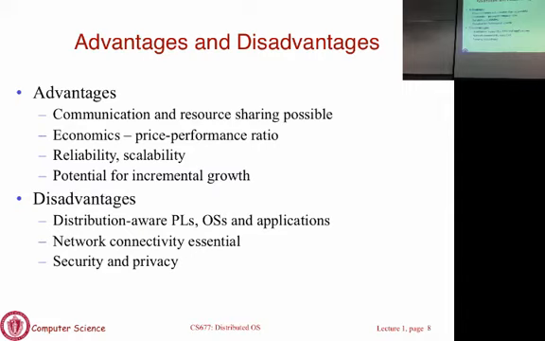The resources could be data or files stored on that machine. There could be any other resource, such as a printer that's attached to that machine. If you share it over the network, you have a network printer, so you can print over a network rather than requiring a printer to be connected to your machine. Any hardware or software resources that exist on a remote machine now become accessible to you over a distributed system. So communication is possible, and resource sharing is possible.